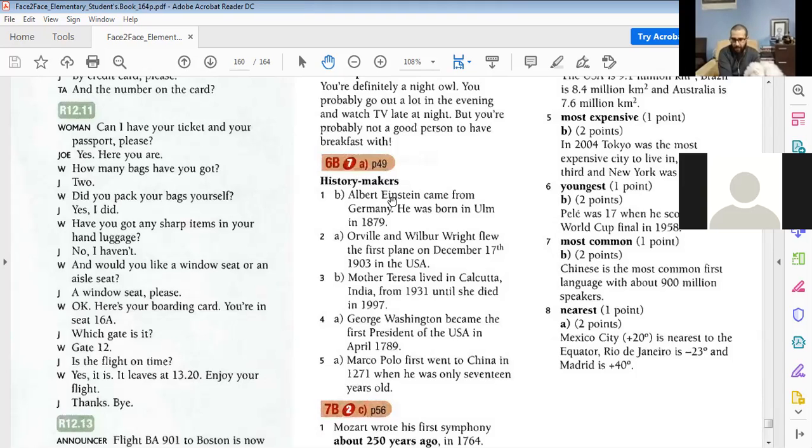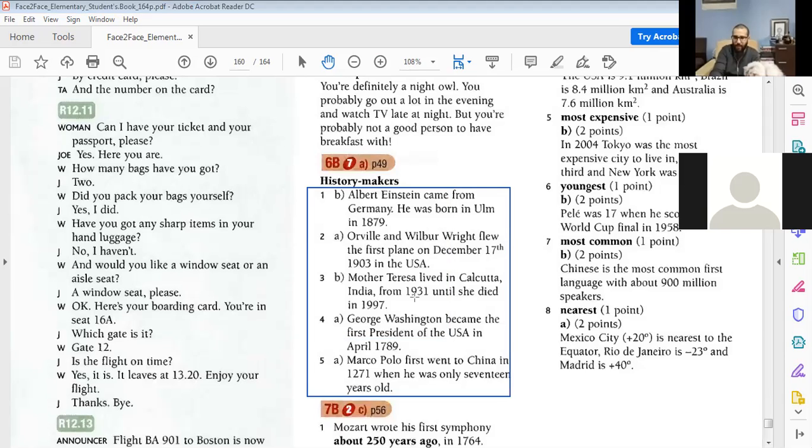Yes. So Albert Einstein, he came from Germany. So this means Basma was right. And the Wright brothers, they flew their first plane in 1903. So this means you are also right. Mother Teresa, she lived in India.